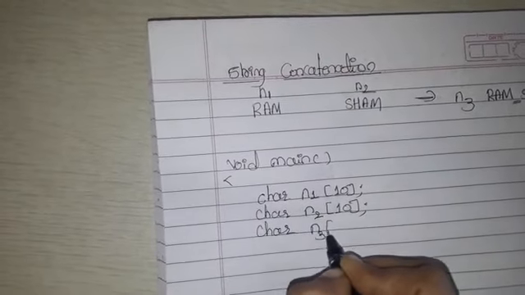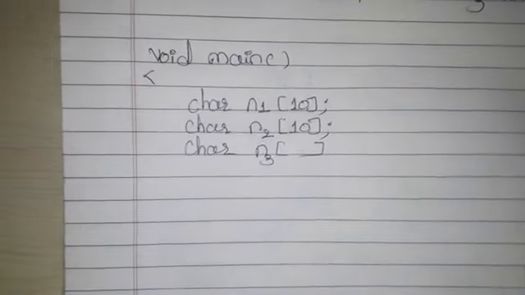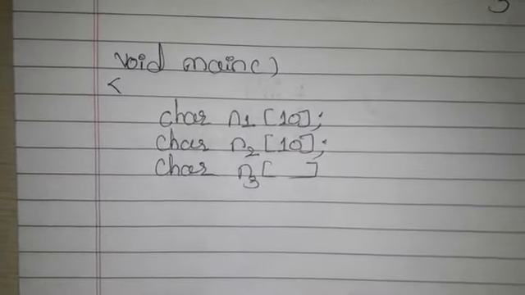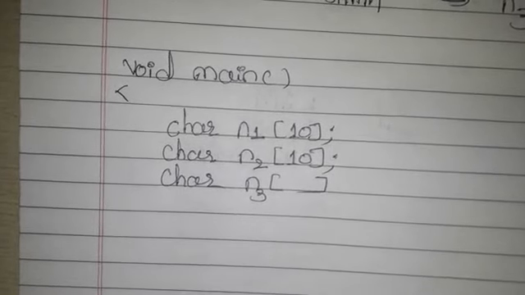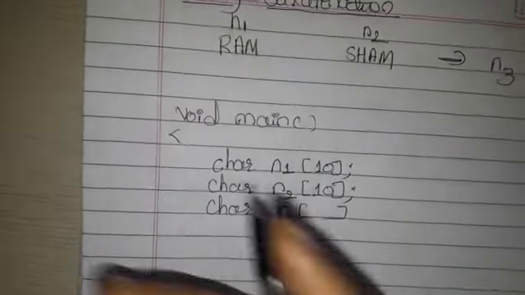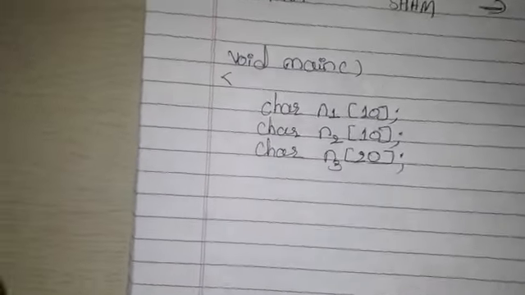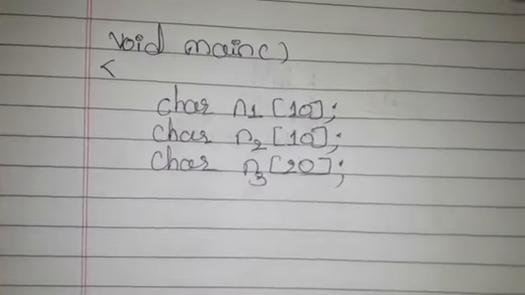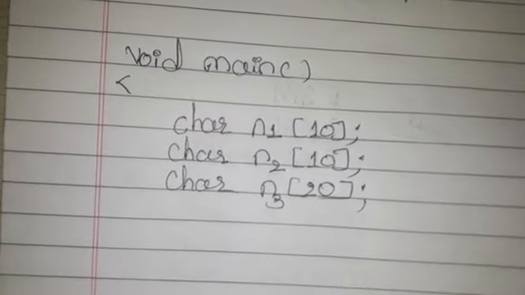Just now I have told you that n3 is a concatenated part of n1 and n2. So obviously the size of n3 must be the addition of the sizes of n1 and n2. Agree with me or not? If I take the size of n3 less than n1 and n2, obviously we'll get some problem during the execution of the program. This is the logic we should understand.